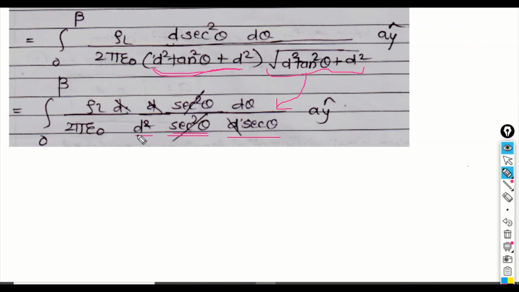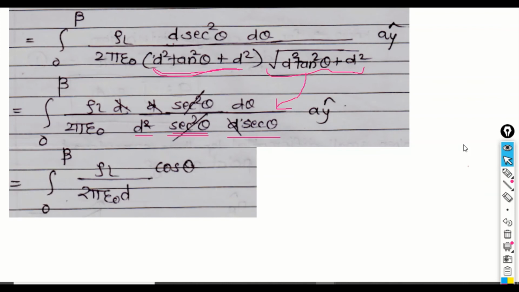Only a single d is remaining. So what you get is rho L upon 2 pi epsilon 0 into d, 1 upon sec, you can write it as cos theta, and what is missing to be written is d theta.